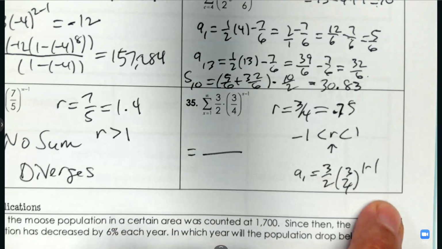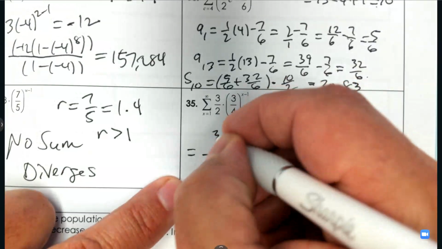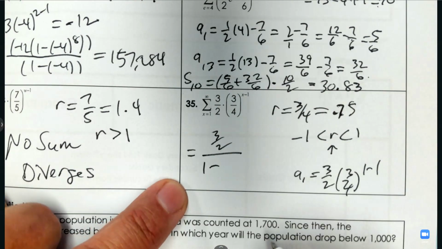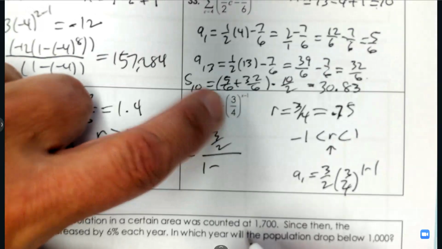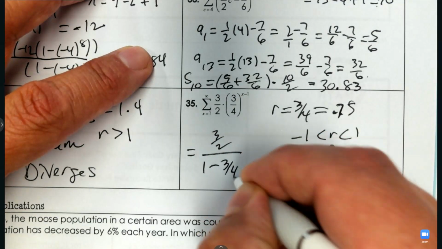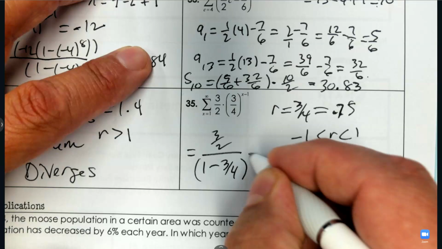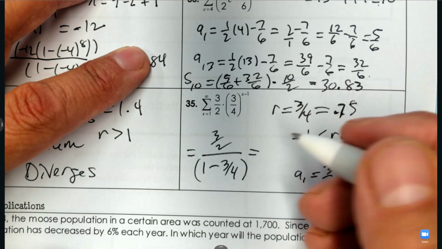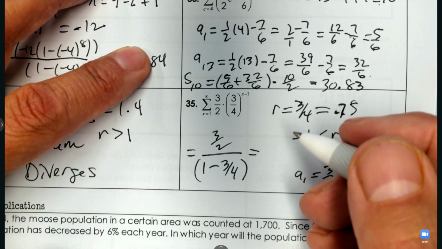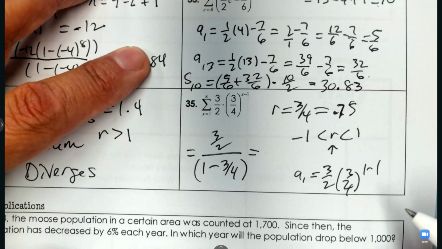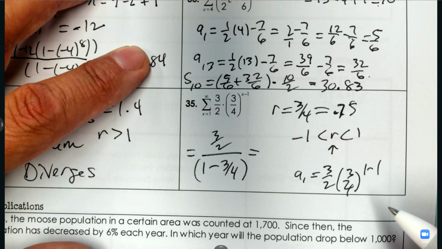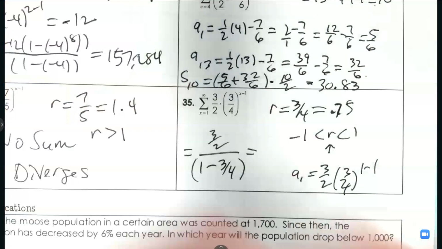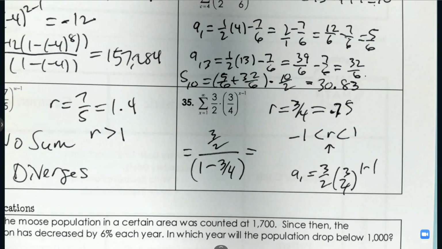Type that in your calculator, press pause, you would get this answer. And then it's 1 subtract the base, or the R, which is 3/4. Go ahead, type that in your calculator with parentheses.